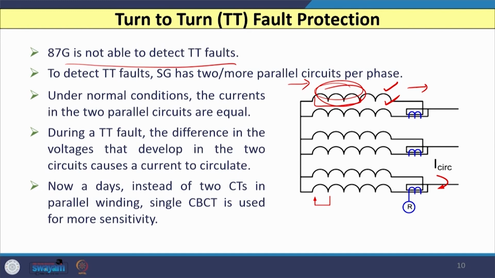Under normal conditions the currents in the two parallel circuits are the same, right. However, whenever a turn to turn fault occurs, when a few turns are shorted together, there is a difference in the voltages that develops in the two circuits, so circulating current will flow in these shorted turns.